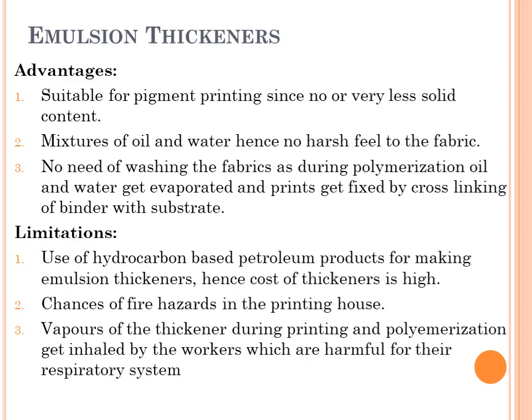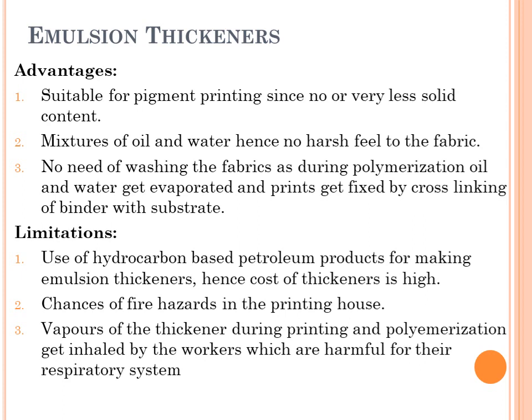Let us see the advantages and limitations of emulsion thickeners. In case of emulsion thickeners, the advantages are, these are suitable for pigment printing since no or very little solid content is there. As earlier discussed, no solid matter is there in case of emulsion thickener. Those are manufactured by the use of oil and water. So these will get evaporated during polymerizing temperature itself.